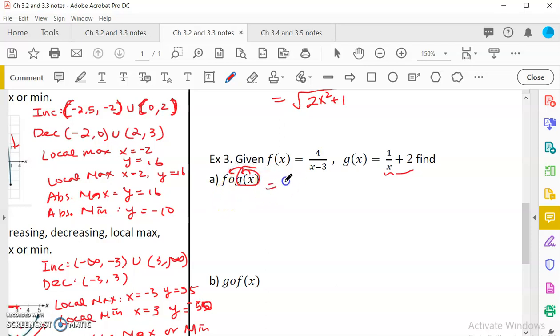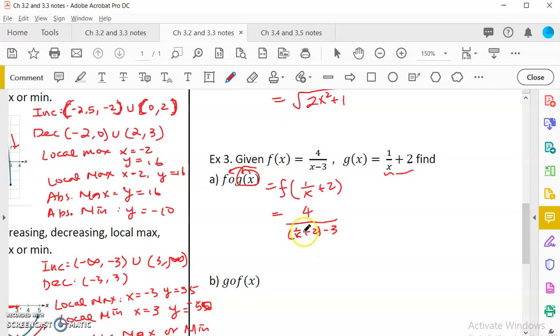So that is equal to f of what? The whole g of x, 1 over x plus 2. But in my f, the placeholder is here, so I have to say 4, and then I'm going to put this whole thing in: 1 over x plus 2 minus 3.